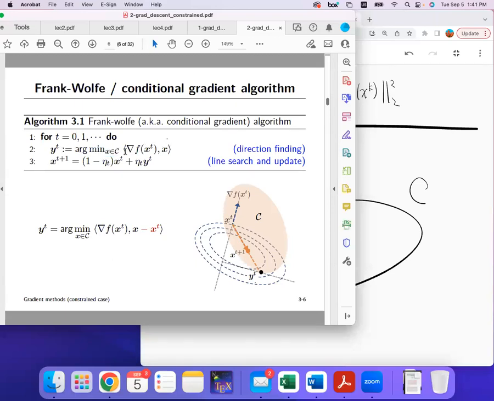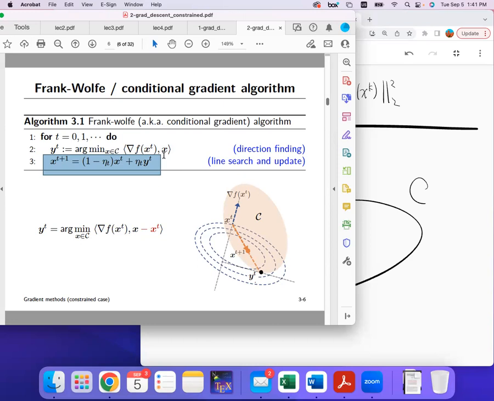This arg min notation means the minimizer of this objective function over the constraint set. You find any minimizer, an arbitrary minimizer, and you set that minimizer to be yt. Once you have that, you update xt plus 1 as follows. The second step is very simple, it's just the interpolation between xt and yt.